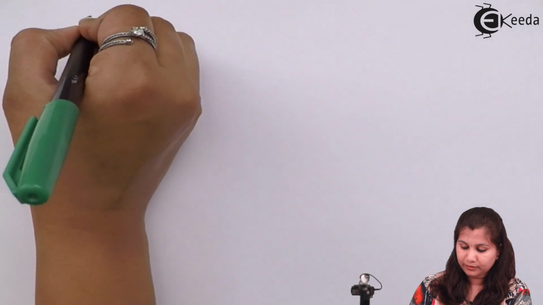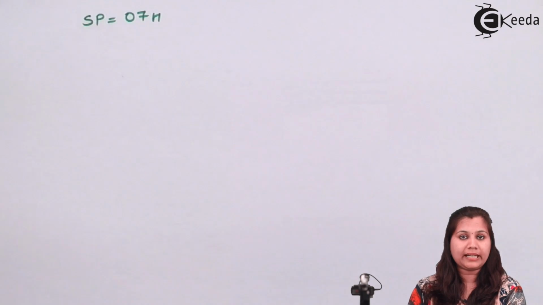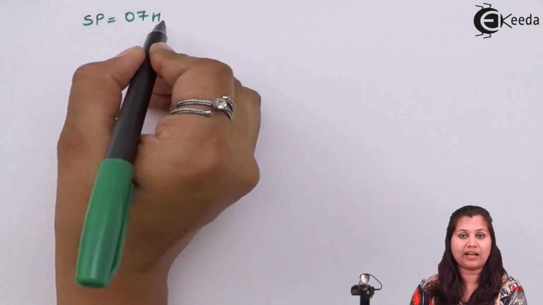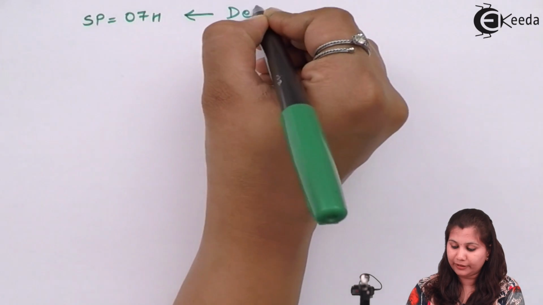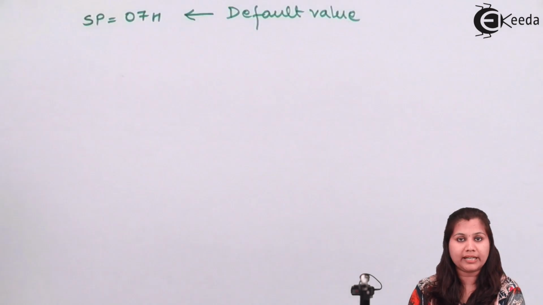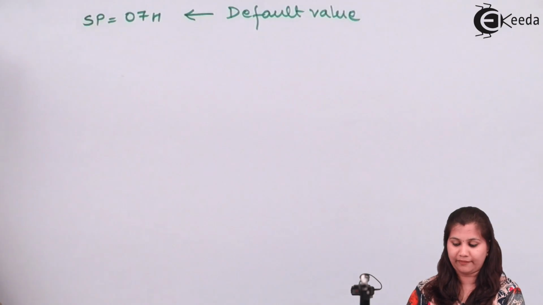Suppose that we have initialized the stack pointer by 07H. Whenever the 8051 microcontroller is reset, the stack pointer is always initialized with this value 07. So we can say that this is the default value. Whenever 8051 is reset, the stack pointer will always start from 07.